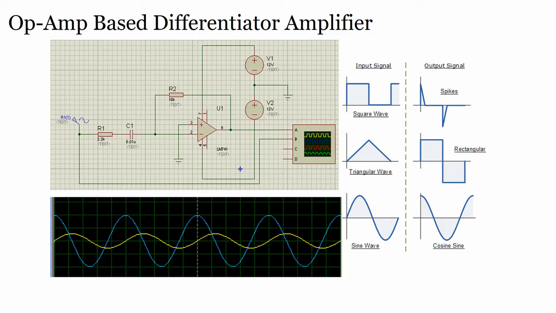So now let us see the next one. Here we have used PSpice, and using PSpice we have formed the differentiator amplifier, which is shown in the slide. Here we have applied the voltage, and corresponding to the input voltage we have measured the output signal. We will do a similar kind of experiment on the breadboard.